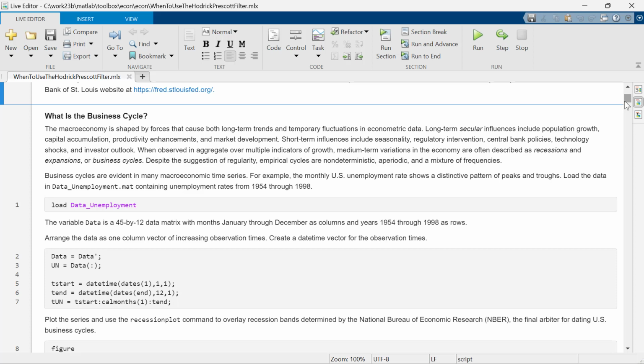Some of them are very short-term, so for example seasonal effects or interventions of one type or another produce irregular high-frequency variations in economic data. And there are other forces on the economy that are much more long-term, that produce long-term growth and trends in the data.